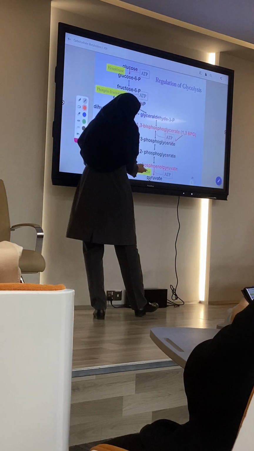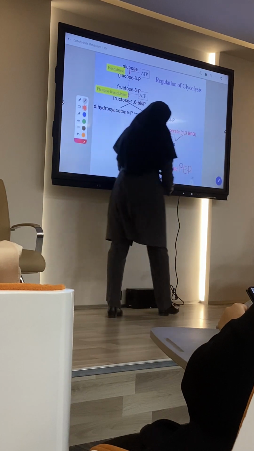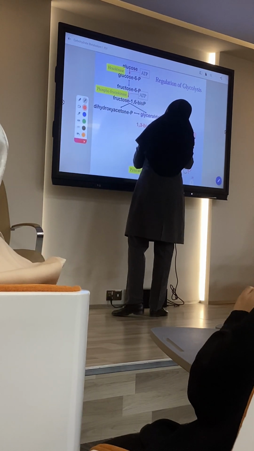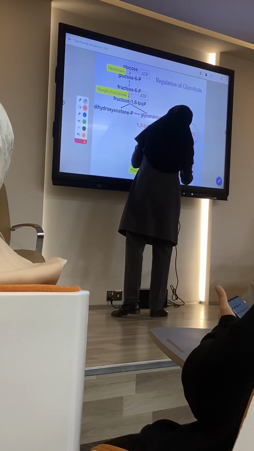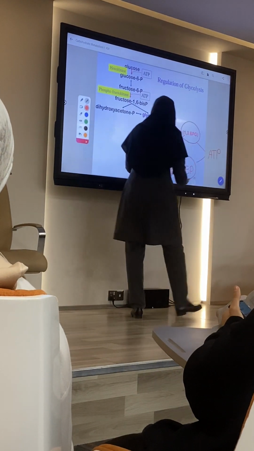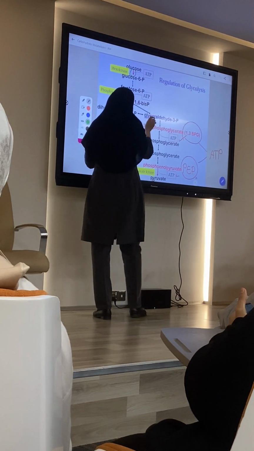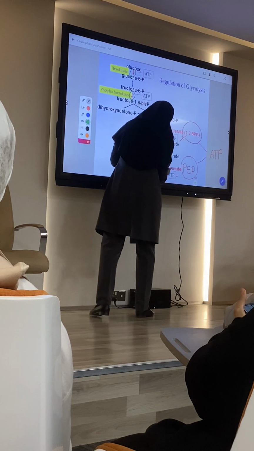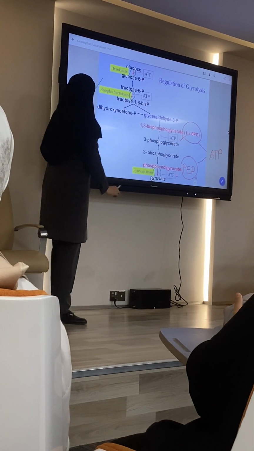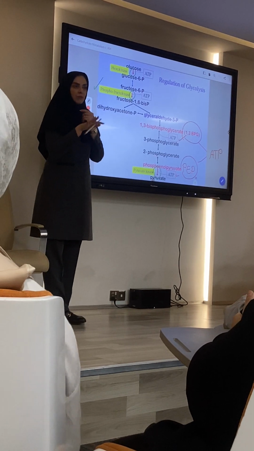And another substrate is phosphoenolpyruvate. So these are high energy molecules that produce ATP. And now the regulatory reactions go by a different arrow color. And as I mentioned, the most important is phosphofructokinase. I repeat this one because I want you to memorize it right now. Okay?